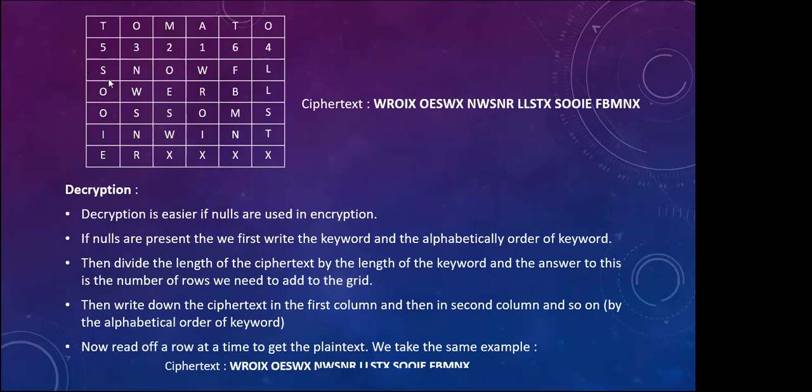For knowing the number of rows, we will divide the number of letters in the ciphertext by the number of letters in the keyword, and the answer will be the number of rows we need to construct for this table.